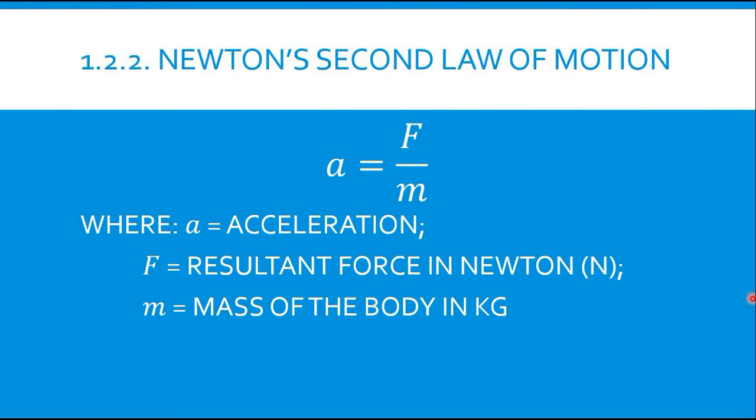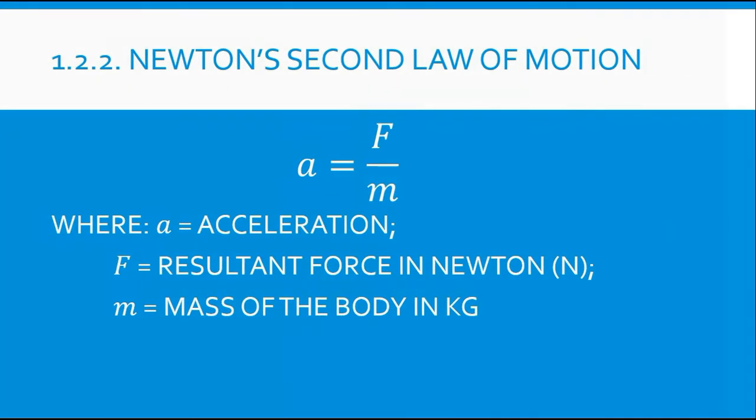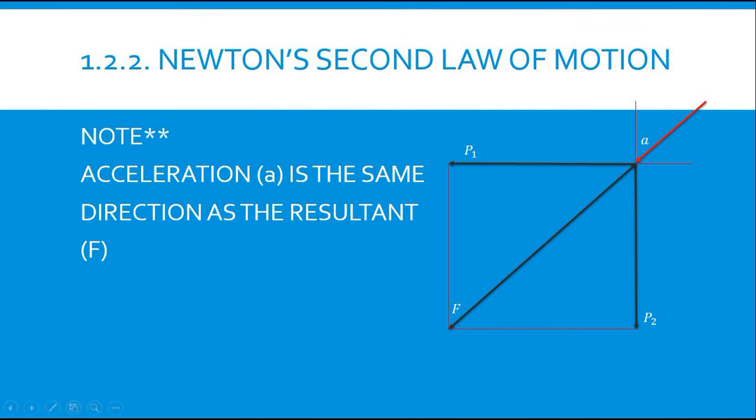From the definition itself, we can derive the equation a = F/m, where a is the acceleration, F is the resultant force in Newtons, and m is the mass of the body in kilograms. Take note that the acceleration is in the same direction as the resultant.